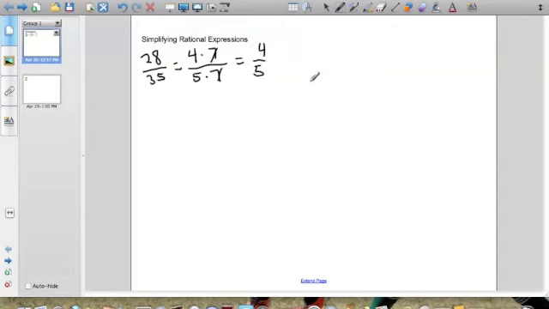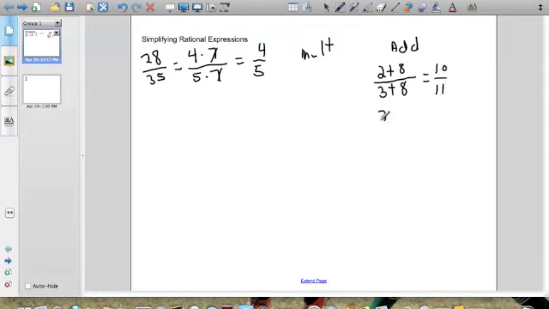Now a couple things we have to remember is that when there's multiplication involved, you can do this kind of stuff. But if this was addition and subtraction, it does not work. So if I have something like 2 plus 8 over 3 plus 8, when I add these together, I get 10 over 11.